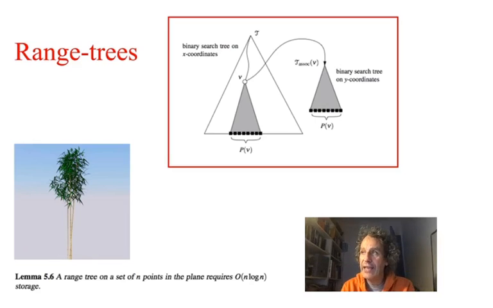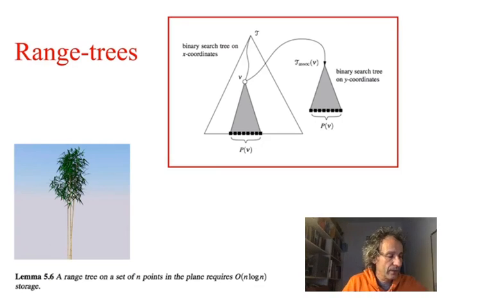And something better is the range tree. It's better because the cost of a query will be only log squared of n.